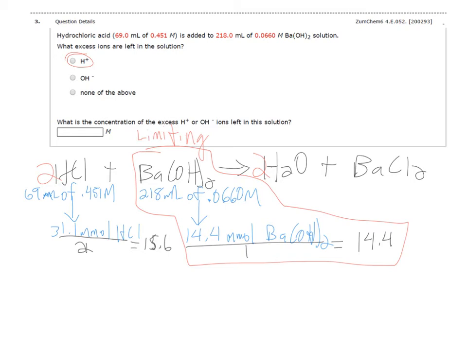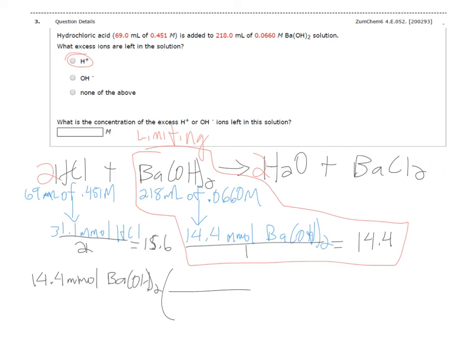Now to tackle the bigger question, what is the concentration of those excess hydrogen ions? To do that, we'll do some calculations based on the limiting reagent. We always base calculations on the limiting reagent. So we have 14.4 millimoles of barium hydroxide. We're going to figure out how many millimoles of the 31.1 that was initially present react along with the 14.4 millimoles of barium hydroxide.